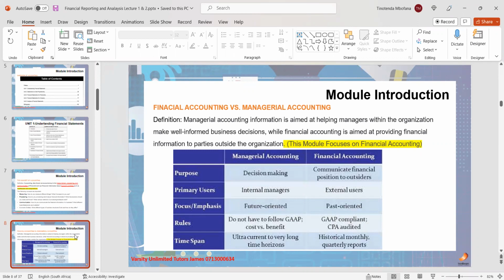And it doesn't really look at the standards or the rules of reporting at the end of the day. But you might get some questions in your KCQ or in your assignments that will ask you to differentiate between financial accounting and managerial accounting. If you get that, come back to this specific slide. It should give you just a rough breakdown of what we are talking about. But I've already given you an idea of that, right?